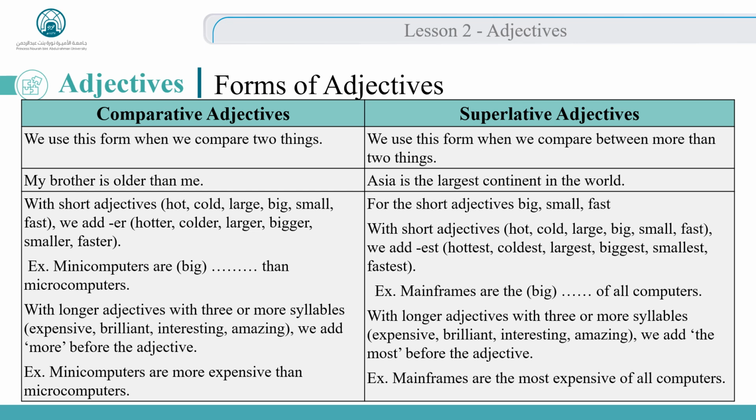Ex-pen-sive, three syllables. Brilliant. Interesting. Amazing. So here, these adjectives are long. We can't add "er" to these adjectives. We would add "more." To recap, with short adjectives, add "er" to the adjective itself. With longer adjectives, add "more" before the adjective.